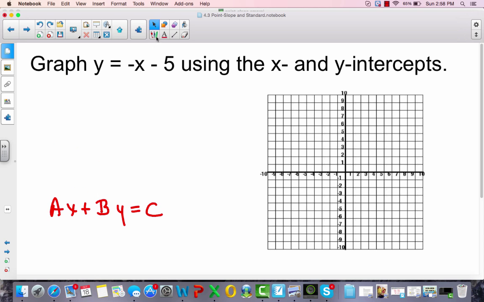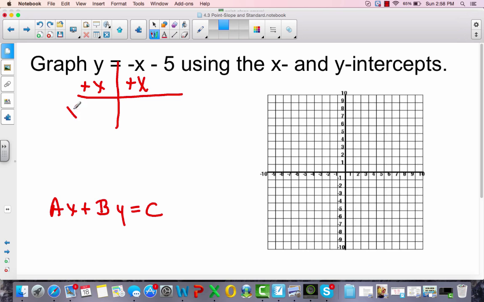The problem right now is that the x is on the wrong side. So let's put it on the correct side. So we take away the x from this side. Now we've got x + y = -5. So we've got it in the correct format.